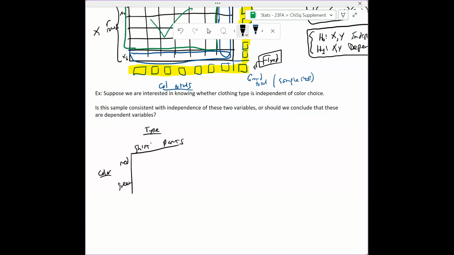Since it's near Christmas, we'll use red and green, I suppose. And suppose we observe these numbers. So this is observed. This is data we've collected from the real world.